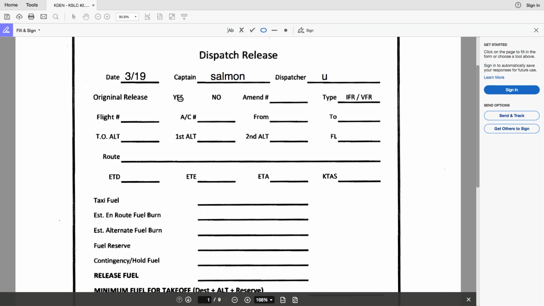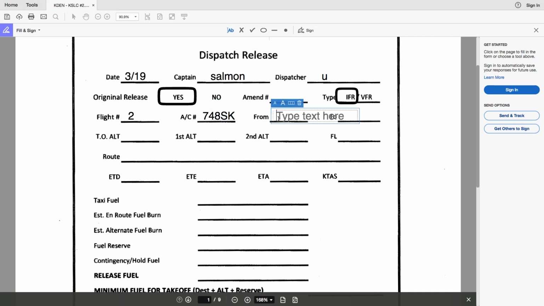Original release, yes. Okay. And it's IFR. Okay. Flight number. Aircraft number was 754 Sierra Kilo. Is that right? I think it was 748. 748 Sierra Kilo.